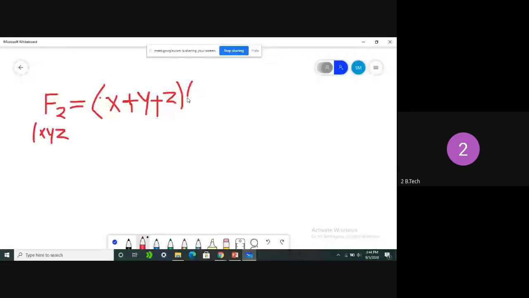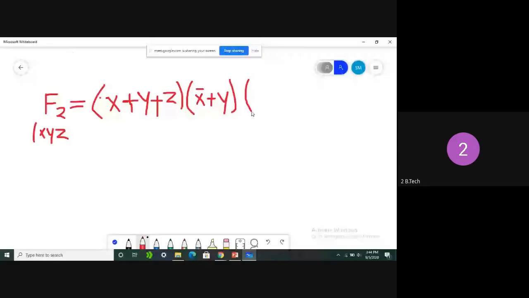So this is the way, using sum terms, F2 is given with 3 literals.